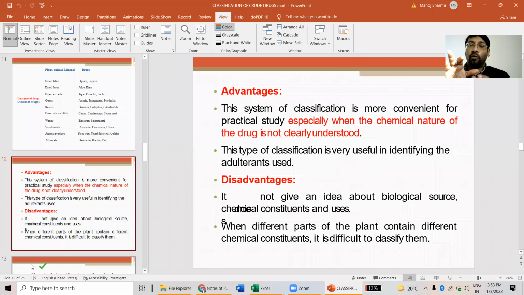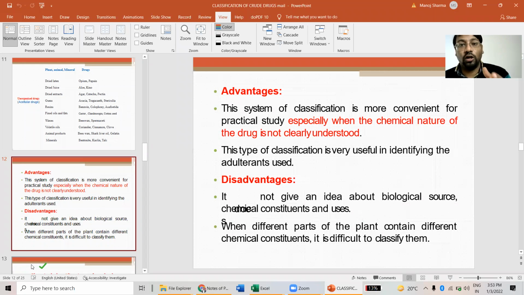Whatever the disadvantages are, from studying the morphological system, we cannot come to know what active constituents are present, or the biological source from where we can get them. And the same part of the plant, leaves also in different plants, can have different chemicals in them.